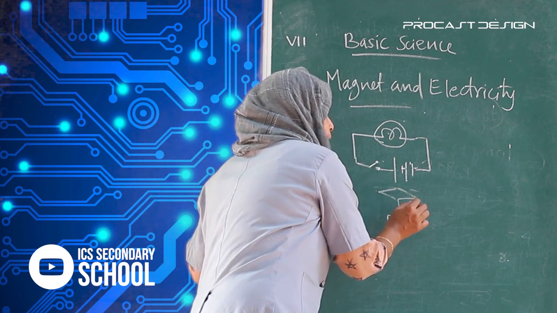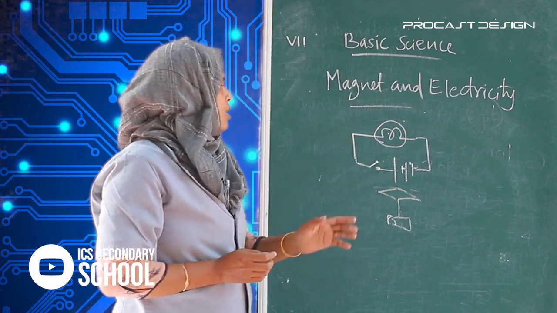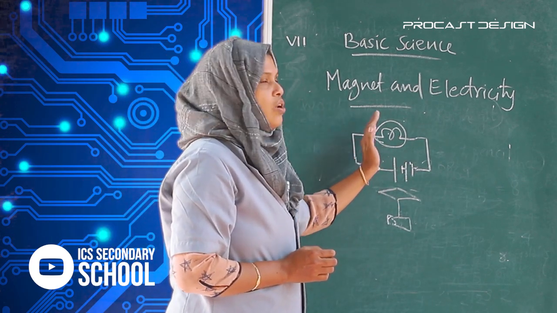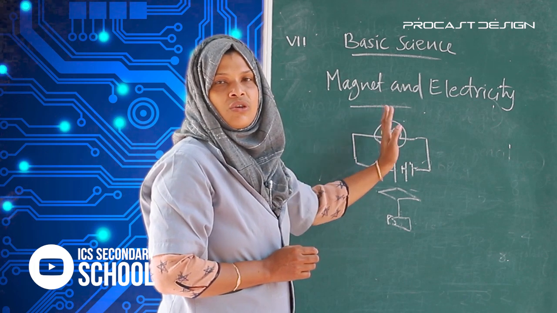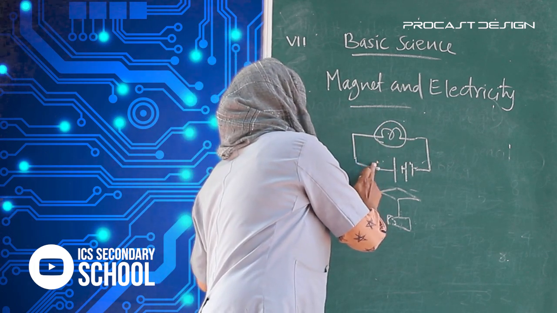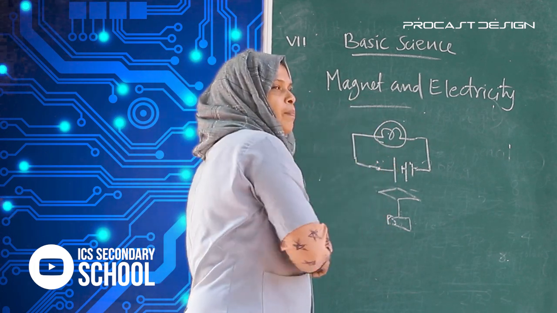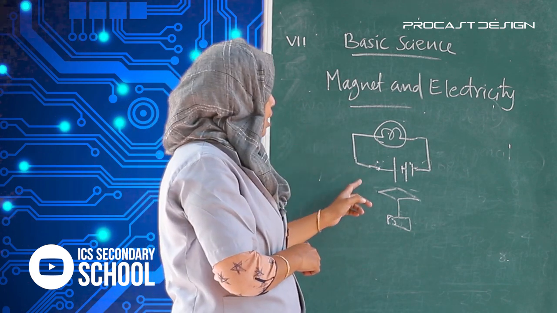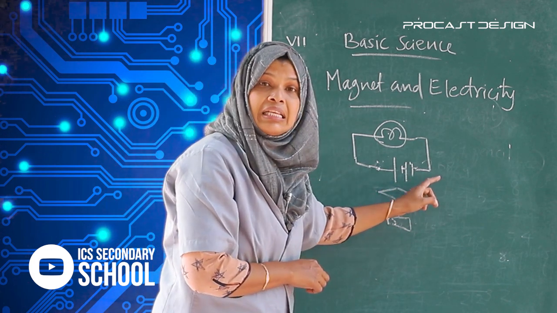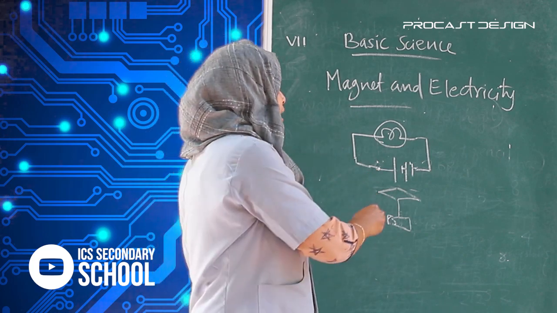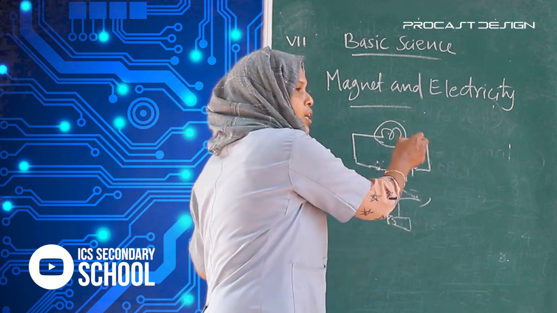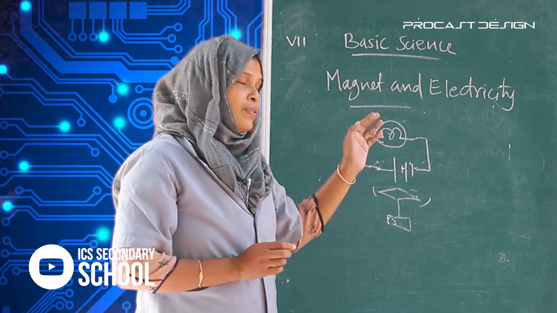This is a pivoted magnetic needle. Then you switch on the circuit. What happened? You can see that the direction of the needle changes.